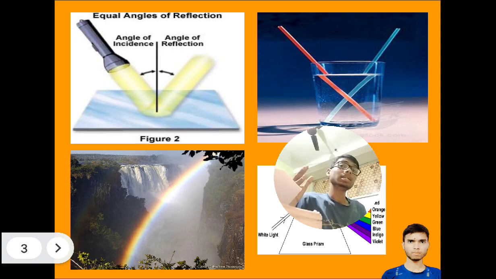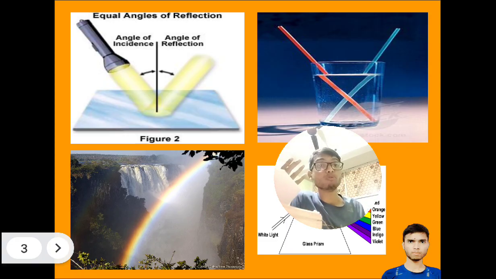Instead, the name of this angle will be angle of reflection because we took the reflected ray. When we take the incident ray, that angle is considered the angle of incidence. But if you are taking the reflected ray, then you are considering that angle as the angle of reflection.